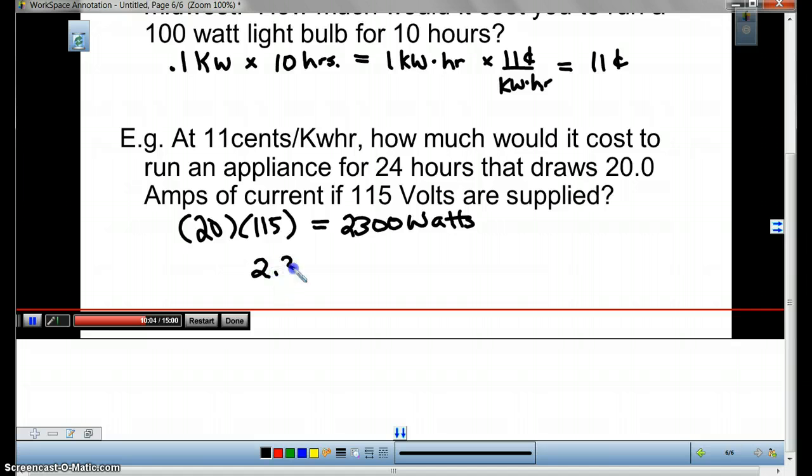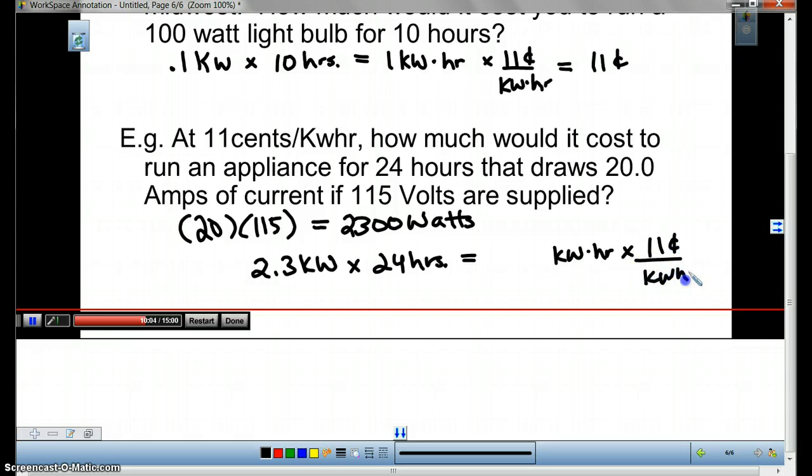And so I'll take 2.3 kilowatts. I'm going to do that for 24 hours. And I'm going to then get that answer in kilowatt hours and multiply that by 11 cents per kilowatt hour. I don't have a calculator handy, so 2.3 times 24 times 11, and that will be how many cents it would cost you to do that.